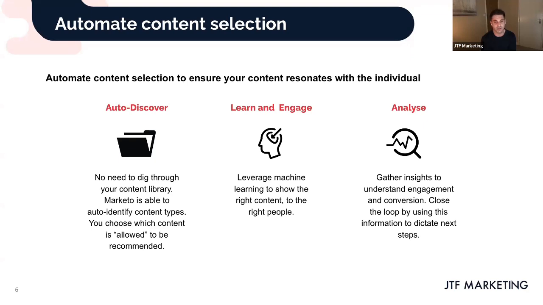With that, you can then learn and engage. Predictive content will use the AI to identify the right content to display at the right time to the right audience. And lastly, as I mentioned earlier on, it allows you to analyze, so you can gather the insights to make all the right decisions going forward and take the right steps to optimize all of your content.